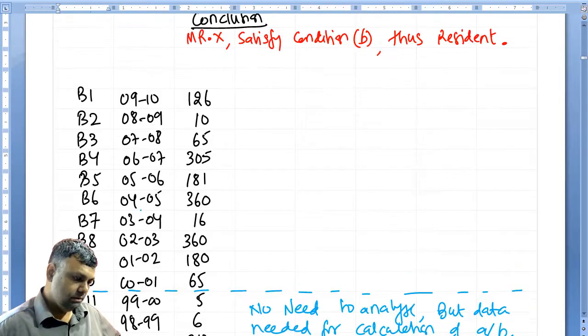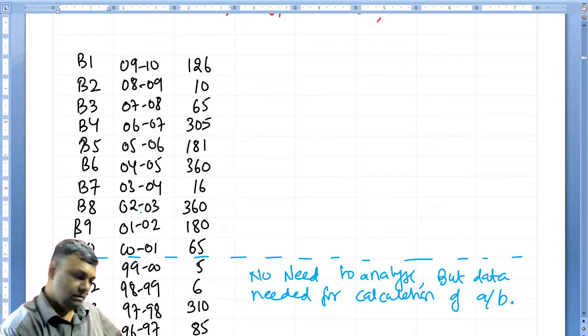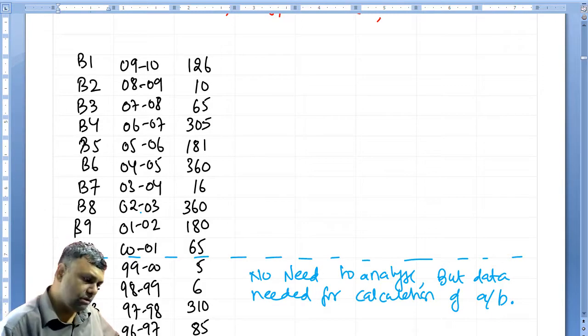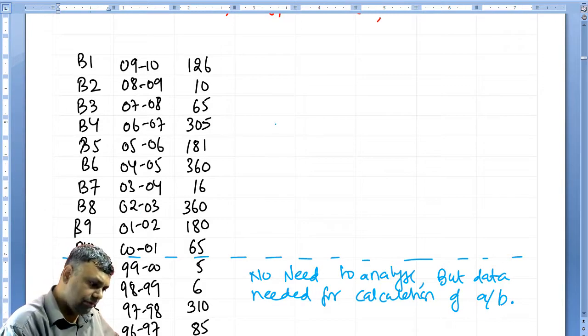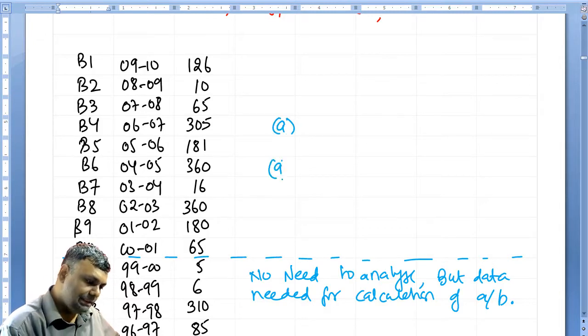Okay. So now let's do this 10 years. First of all, let's do it quickly wherever it is 1 day, 2 days plus. So here straight away condition A is satisfied. Because 305 is greater than or equal to 182 days.